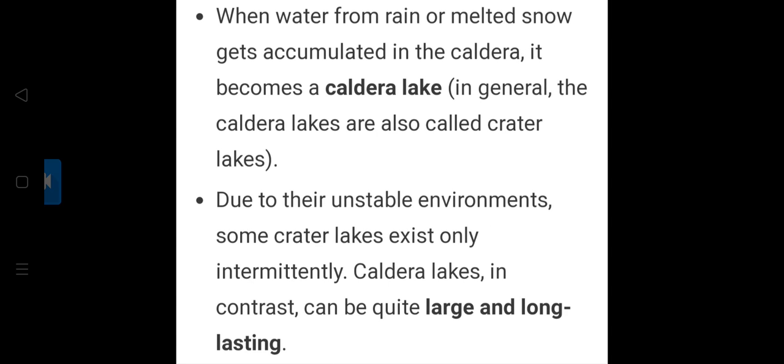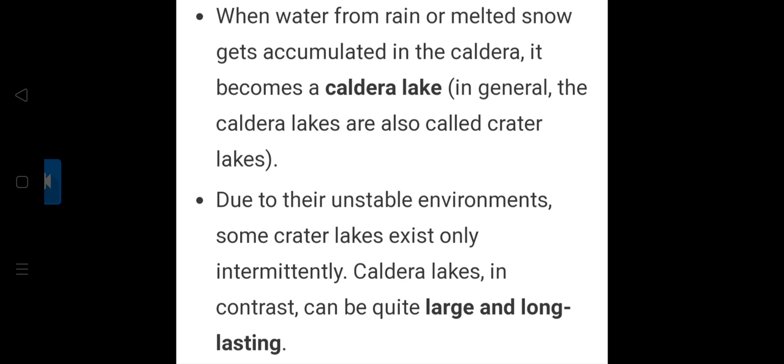When water from rain or melted snow gets accumulated in this deep depression, it becomes a caldera lake, because it is formed due to a caldera, that is a deep crater. In general, calderas are also called crater lakes.